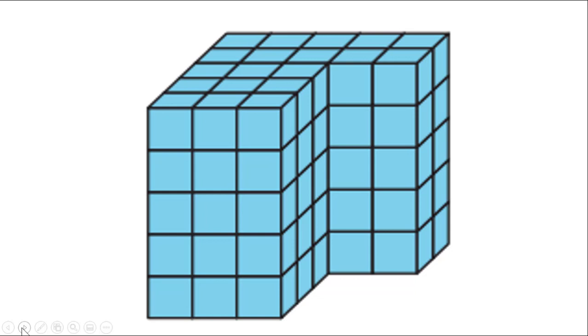Okay, so where do you think we would divide it? Okay, I might divide it right here. Okay, so my length is 3, my width is 3, and my height is 5.